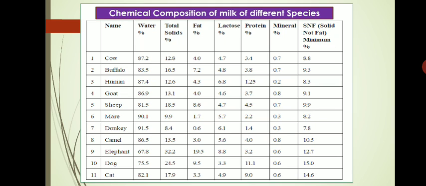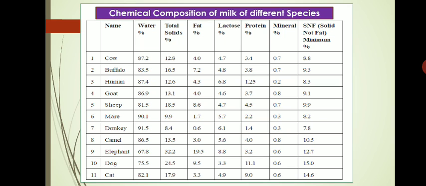As far as humans are concerned, their milk comprises around 87% water. Total solids are around 12.6%. Fat is around 4.3%. Lactose is around 6.8%. Proteins are around 1.25%.